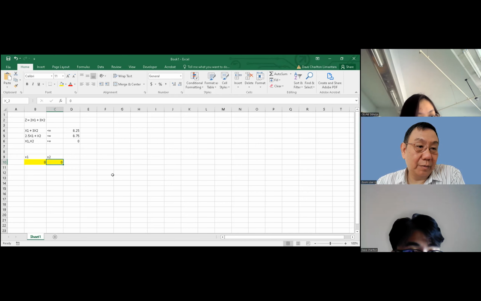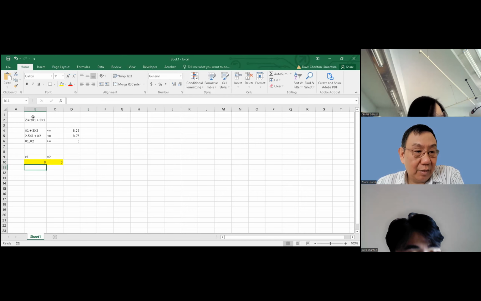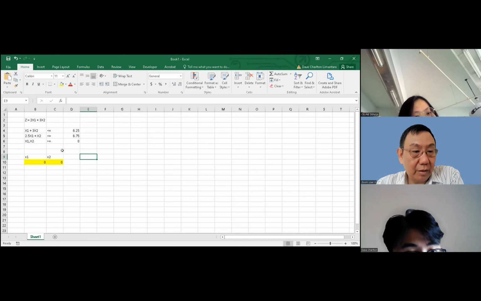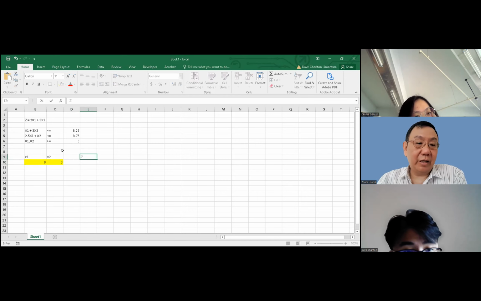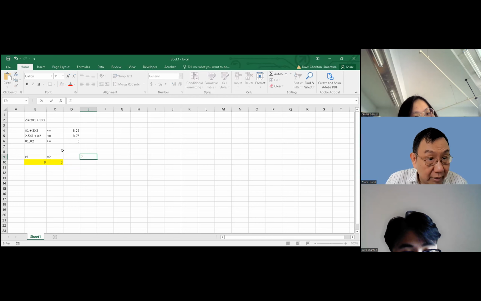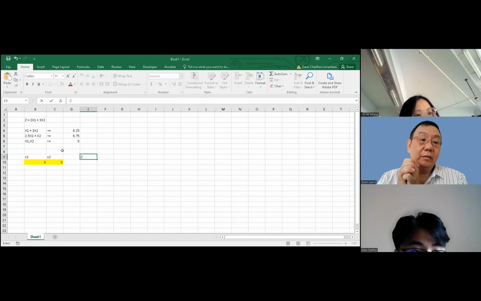Okay, very good. So now you can calculate the Z, for example in E9: you type Z. And then in E10, enter.